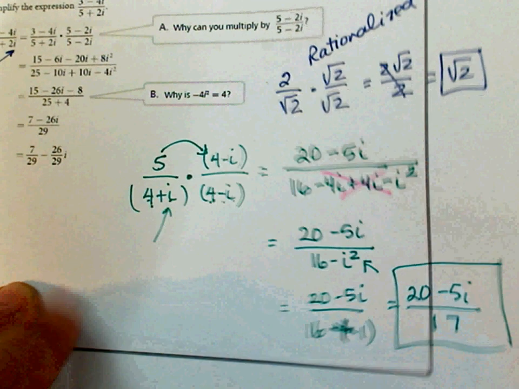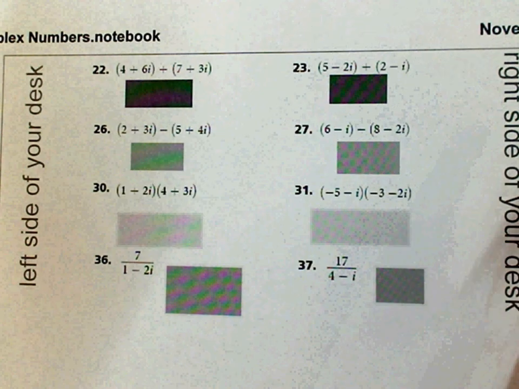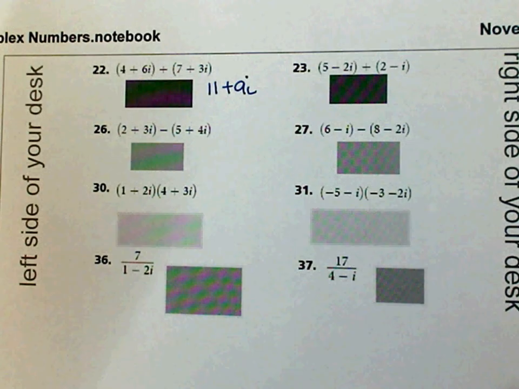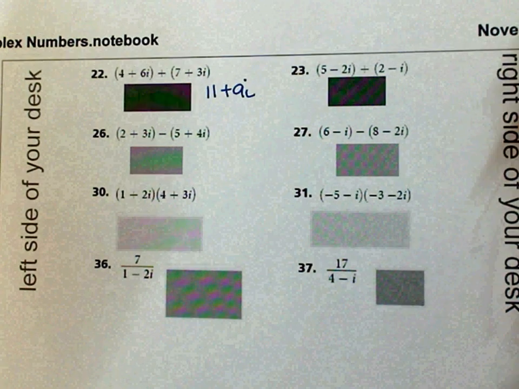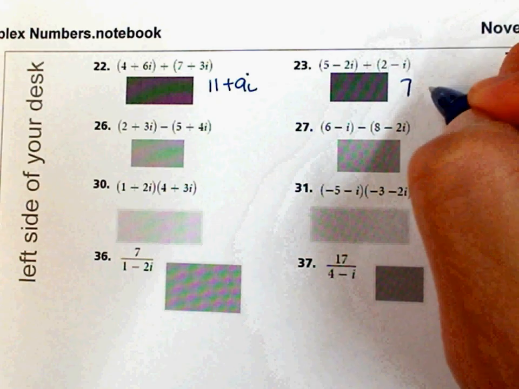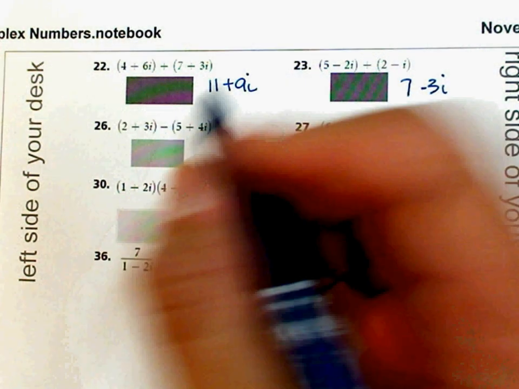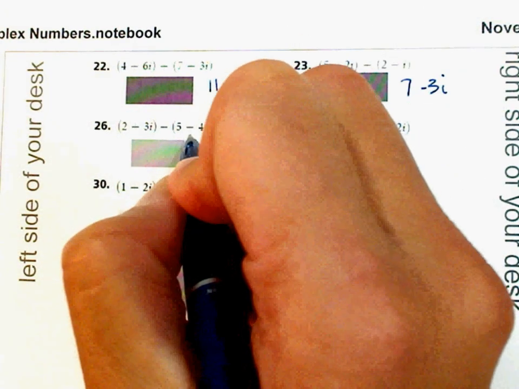All right. So let's see if you guys can do these and see if you get the same answer. Try to do these on your own, okay? Your first one should be 11 plus 9i. All right, take a look at 23. 5 plus 2 is 7. Negative 2i minus i is negative 3i. 26, subtraction. So this is the same as 2 plus 3i.